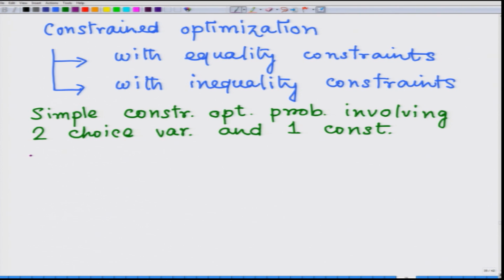So, let us assume we are dealing with a maximization problem. There is a continuous and differentiable function defined over x1 and x2, and we need to maximize this function subject to this constraint.